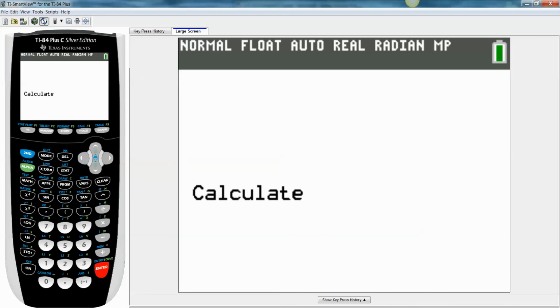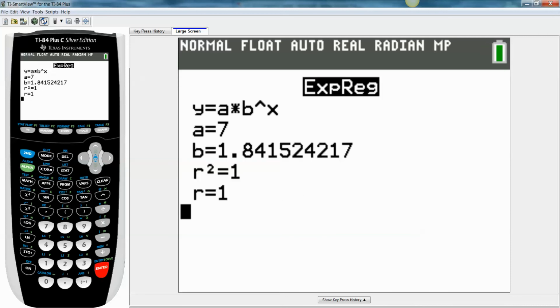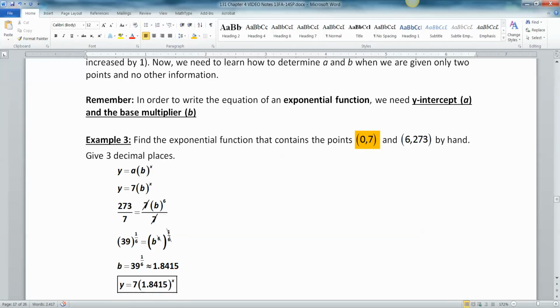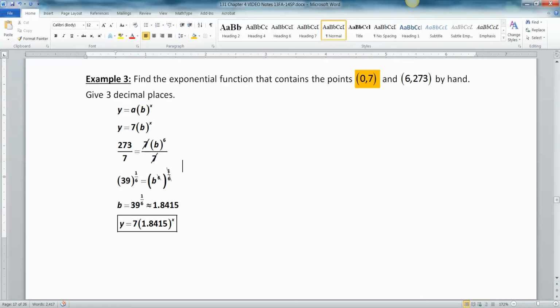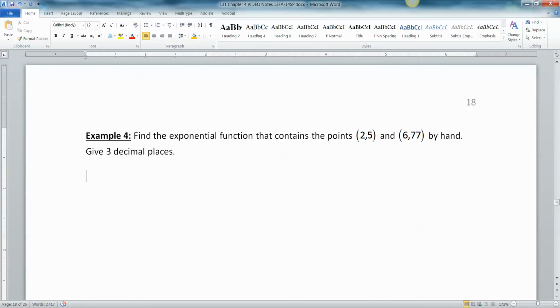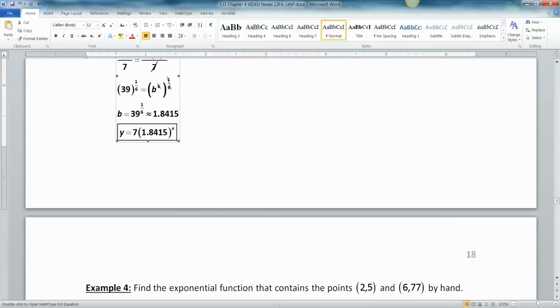Go down to Calculate and press Enter, and it should back me up, 7 and 1.8415. So even if they tell you to do it by hand, there's nothing stopping you from double checking yourself, right? So keep that in mind. All right, so now let's find this one by hand, and then we'll double check ourselves with the calculator.